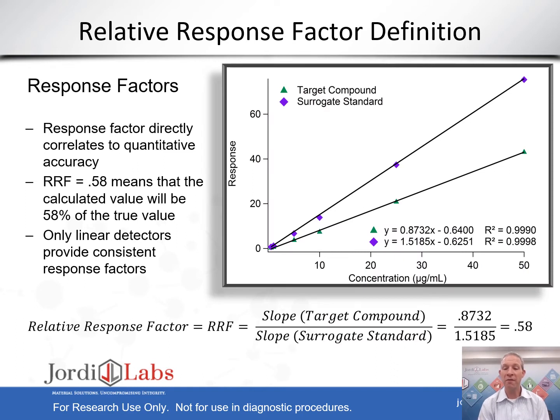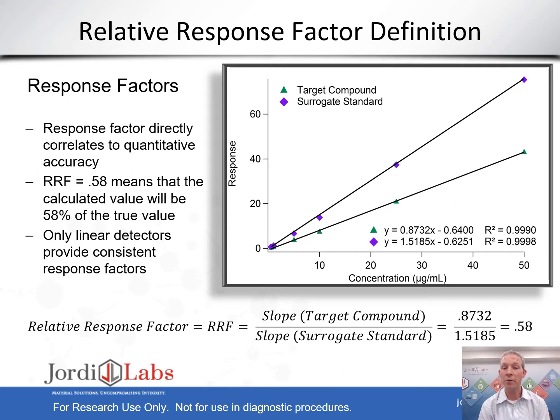I also want to define what we mean by the relative response factor, or RRF value. Today, we're going to be talking about RRF values for most of the remainder of this talk, so it's very important we have a good understanding of this topic. The relative response factor can be defined as the slope of the calibration curve for our target compound divided by the slope of the calibration curve for our surrogate standard.